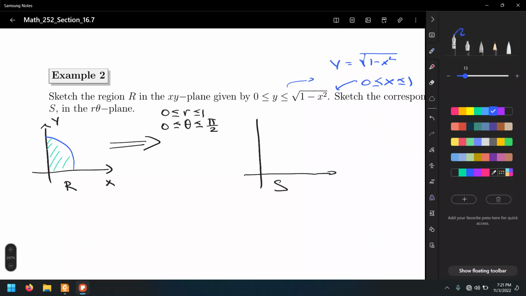So we're going to go from r equals 1 to theta equals pi/2. And this will create a rectangle, or a square, if you will. So the idea is that it's easier to integrate over a square than integrating over a circle.